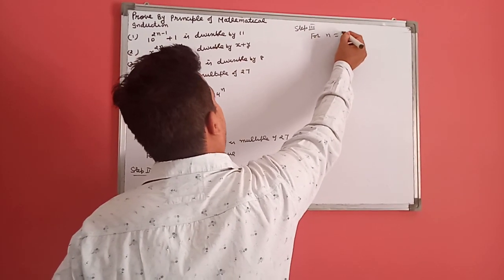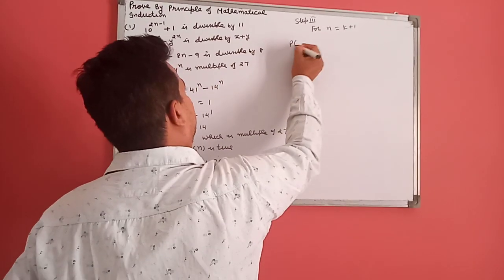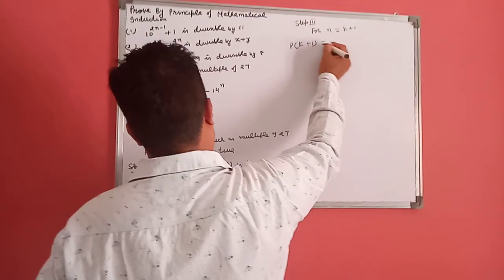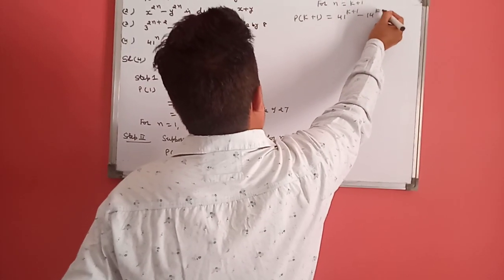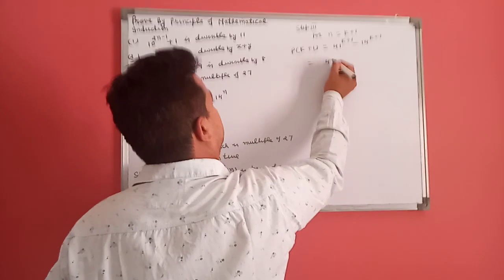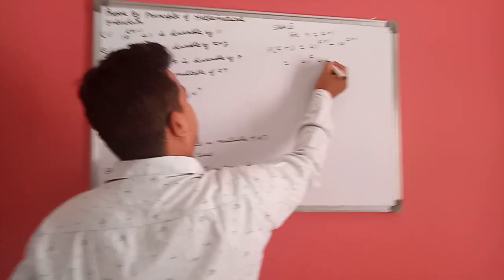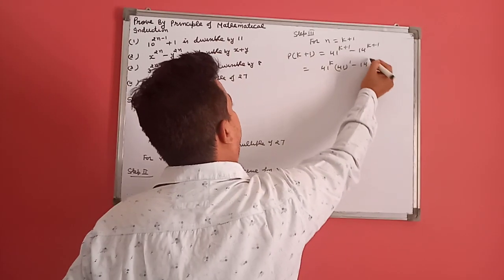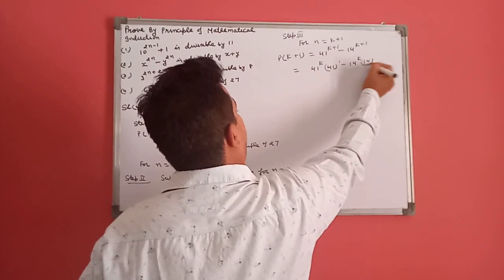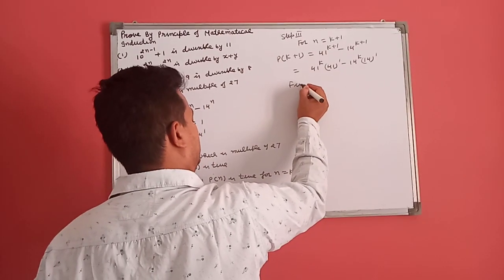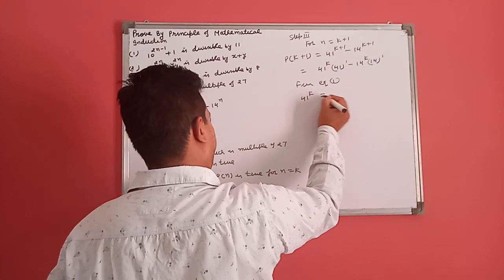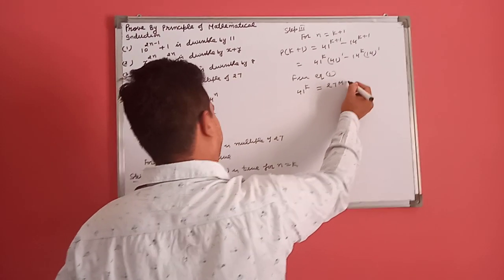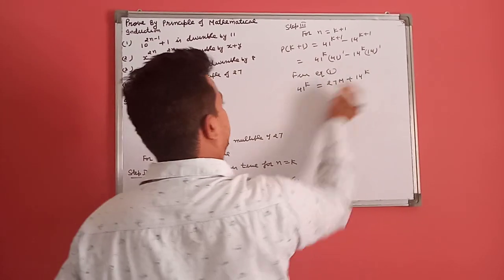In step 3, for n = k + 1, here we write 41^(k+1) − 14^(k+1). This we write as 41^k · 41 − 14^k · 14. From equation 1, the value of 41^k is 27m + 14^k.